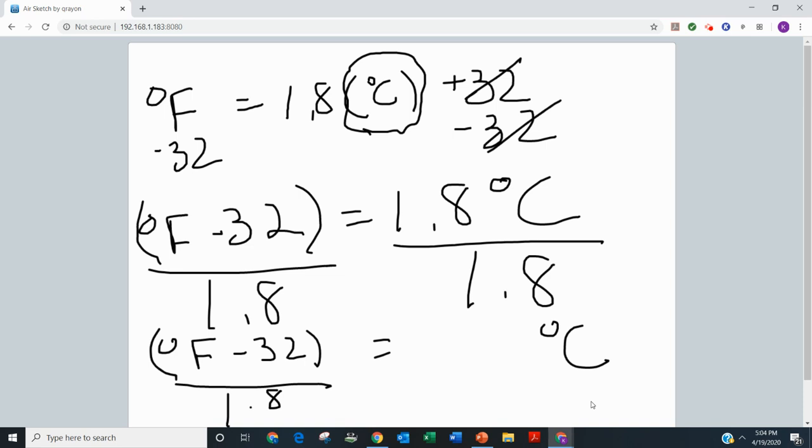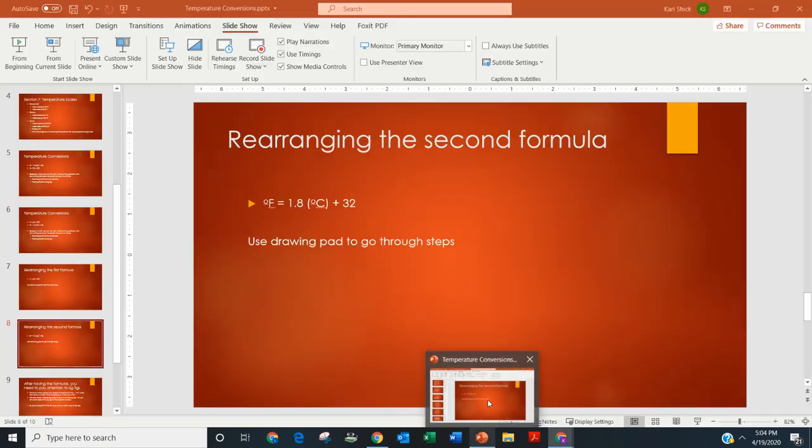So many times I see this equation being rearranged where students don't take degrees F minus 32, that entire quantity, do the subtraction, and then divide it by 1.8. So when you do that, you'll end up with the wrong answer if this is not how you do it. So that's how you rearrange that formula.